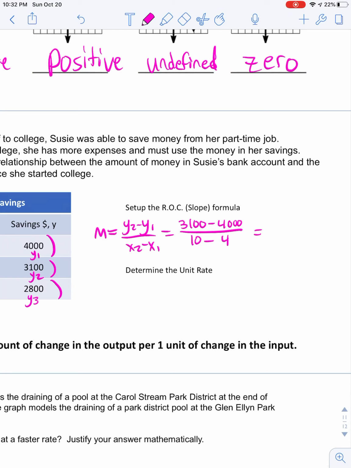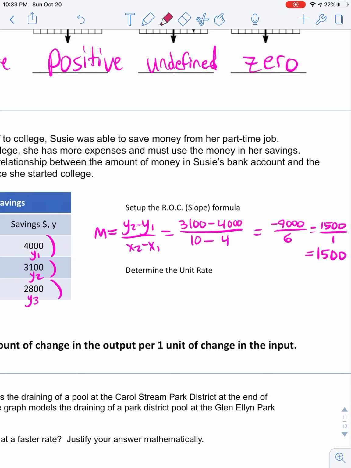That ends up being negative 9,000 over 6, which if you were to divide top and bottom both, I think we could try to divide them both by 6, but I'm not sure that's going to work. We'll see. So I'm going to do 9,000 divided by 6, and that gives me 1,500, so that actually works. My slope can reduce to 1,500 over 1, or just 1,500.